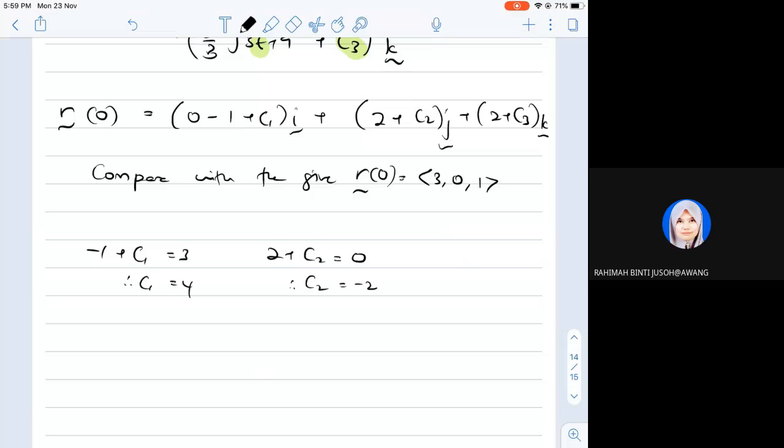And 2 plus C3 equals 1, therefore C3 equals 1 minus 2, which is negative 1.